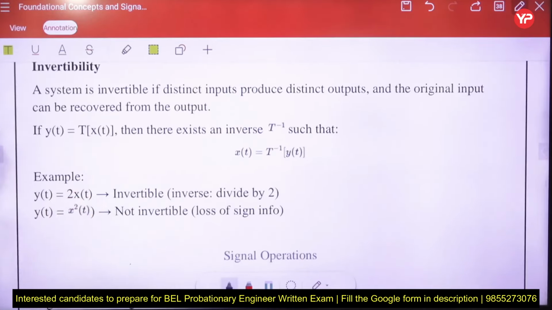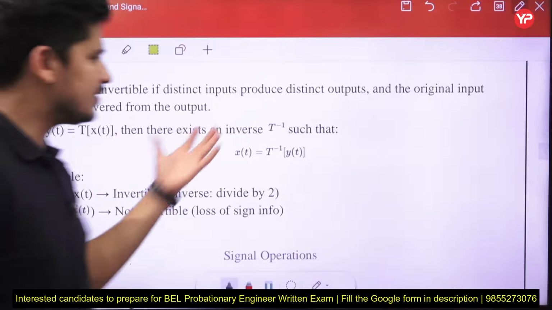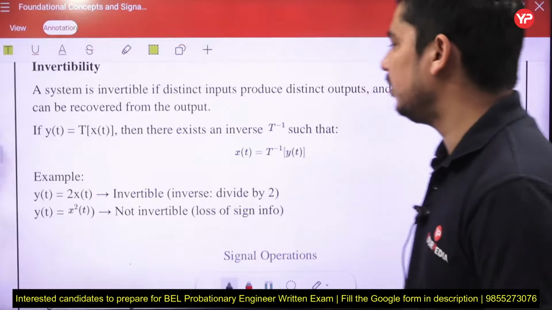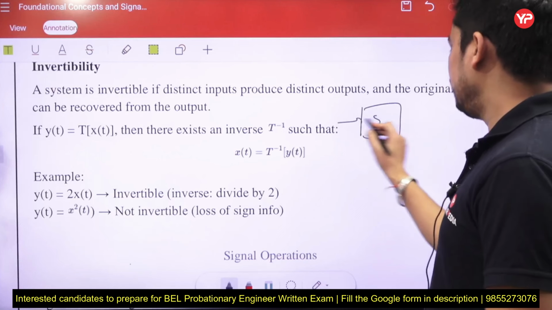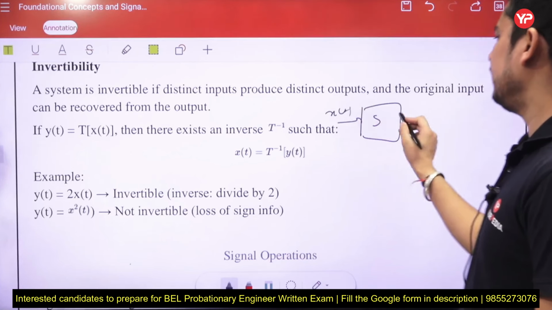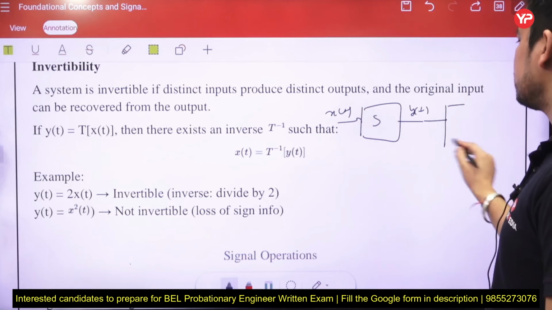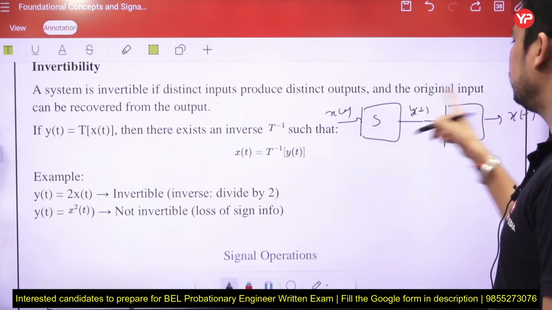Invertible system. See, this is the definition, how you can check whether the system is invertible or not. Invertible system means what? You are having a system where x(t) is the input and it is producing the output y(t), and this y(t) is given to another system S_I, which produces the same input which was given to the first system.